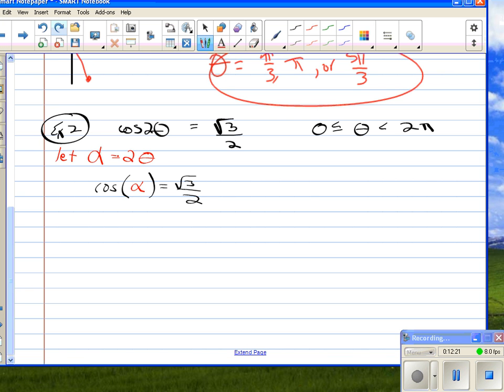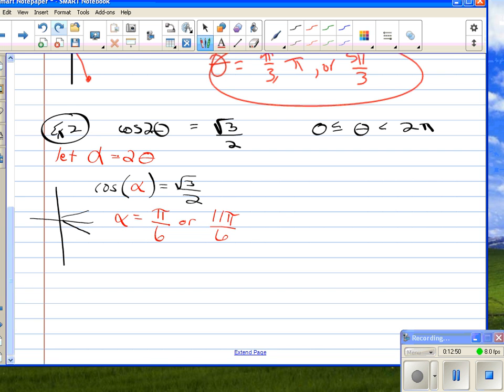Well, that's easy, Mr. Tucker. I can solve for alpha. That's unit circle 101. Square root of 3 over 2. I want an x value. That happens over here, and that happens down here. So that means alpha could equal pi over 6 or 11 pi over 6, right?